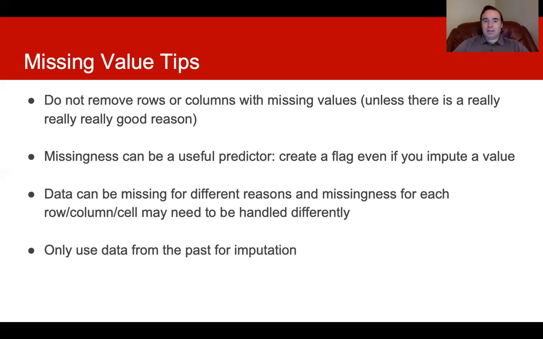And then, as we mentioned with feature engineering itself, only use the past for imputation. So, impute values for your training set from the training set, and don't use the test set.